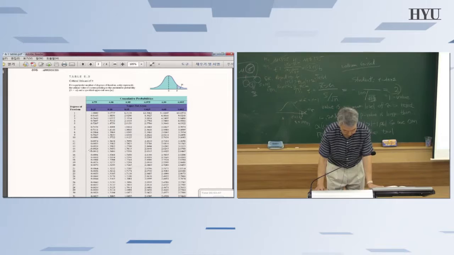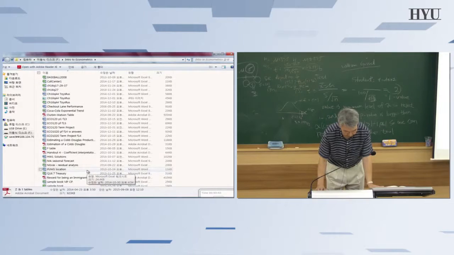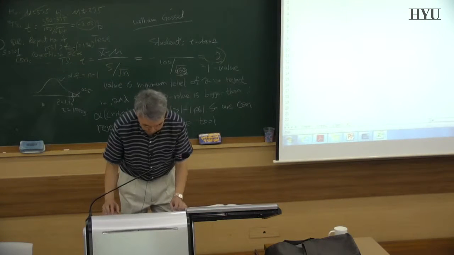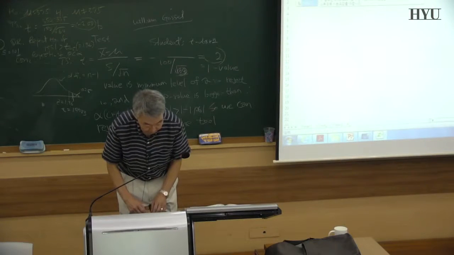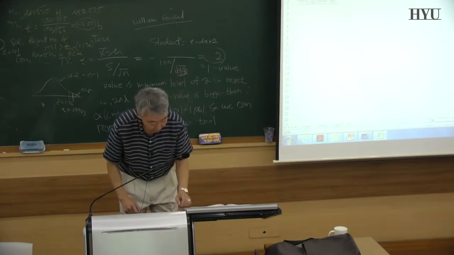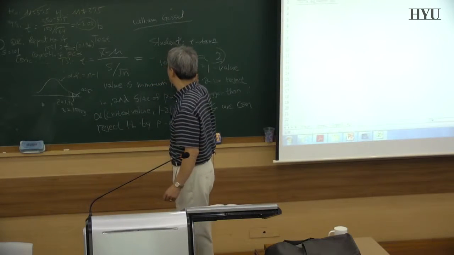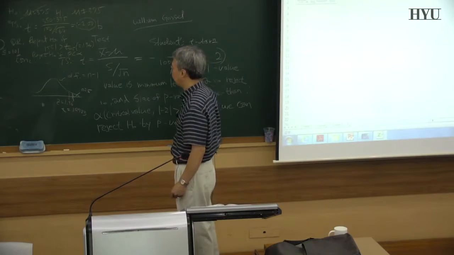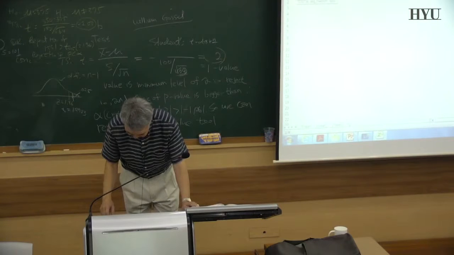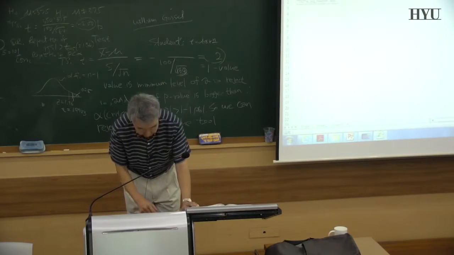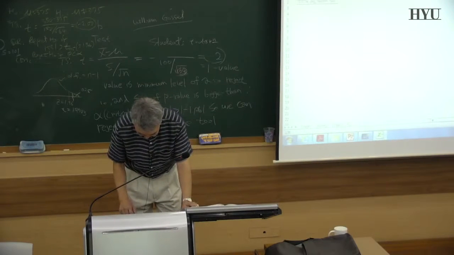Well, if you want, you can use Excel to calculate the p-value. You type equal TDIST, open the parenthesis, and give a critical t-value. Say in this example your test statistic came out to be -2, so you can enter 2.0, since it doesn't matter whether it's -2 or 2.0 because it's symmetric.